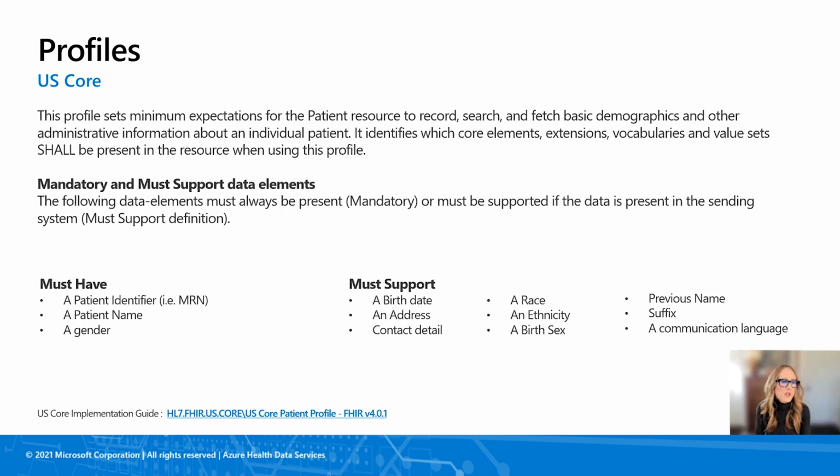So here for a patient, there are three things that a patient must have, three definitive definitions, but elements that a patient must support. So this is another way to think about FHIR: while it's a very tightly defined, structured framework, it offers extensibility to be able to make use of the standard in specific jurisdictions.